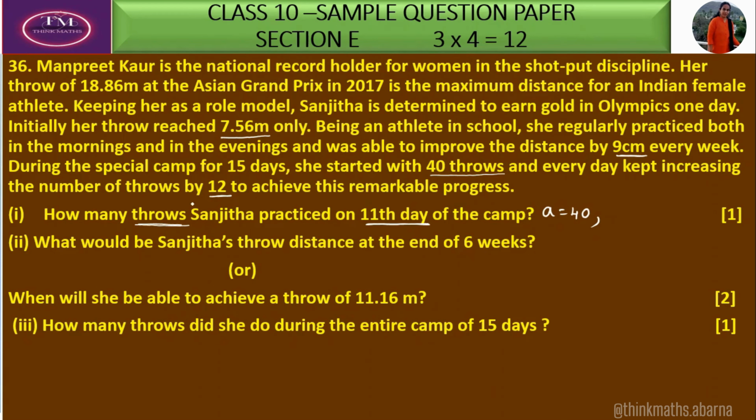She increased the throws by 12, that means the difference d is 12. What we have to find out is the 11th day, that is n is equal to 11, and we have to find a11. This is what we have to find out for the first question.